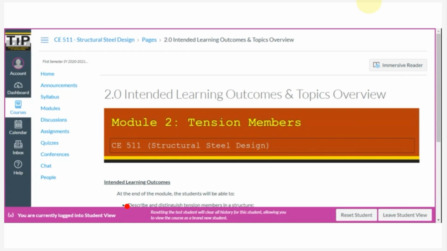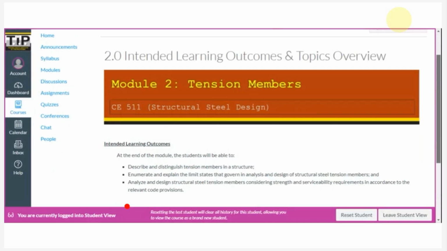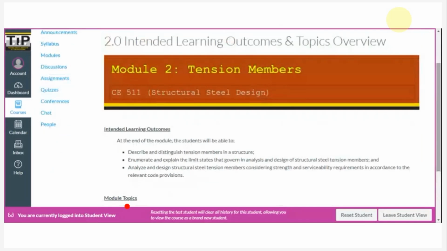For this week, we will now be talking about tension members. Okay, so we are already done with the first module, which is pretty much the introduction to structural steel design. So we talk about the processes in structural design.